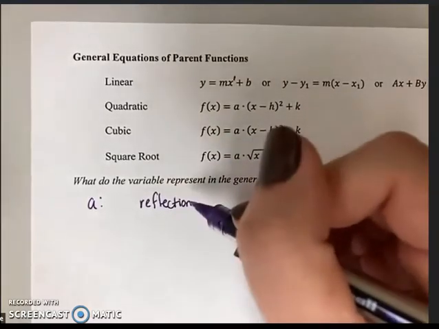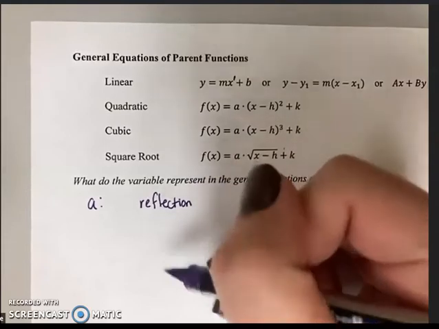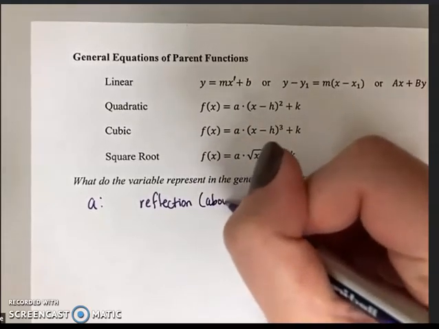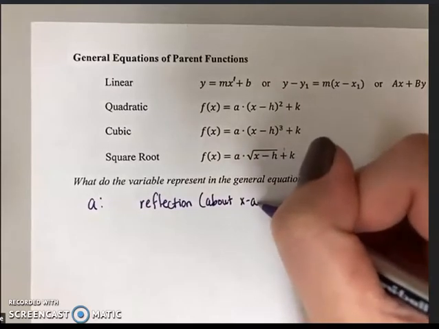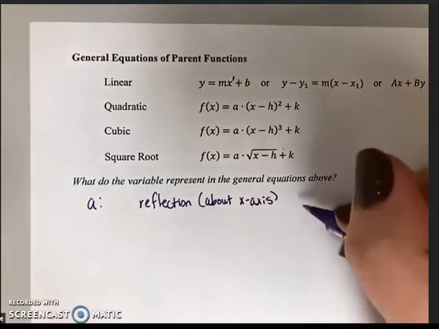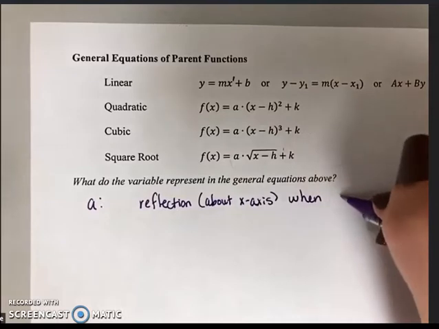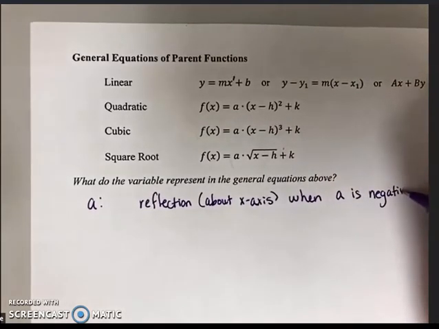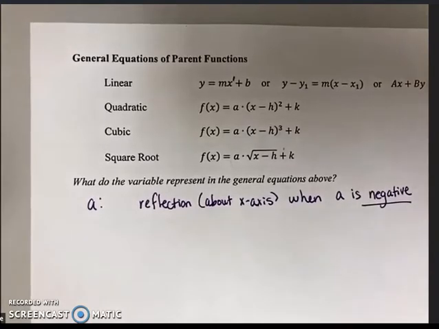So remember, a reflection is when a graph is flipped. We're going to stick to reflecting it about the x-axis, and this is going to occur when a is negative. Okay? If a is positive, there is no reflection.